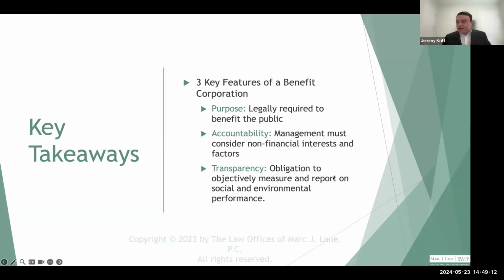So before we get into questions here, just to wrap things up, first the three key features of a benefit corporation: purpose, legally required to benefit the public; accountability, management must consider non-financial interests and factors; and transparency, an obligation to objectively measure and report on social and environmental performance.